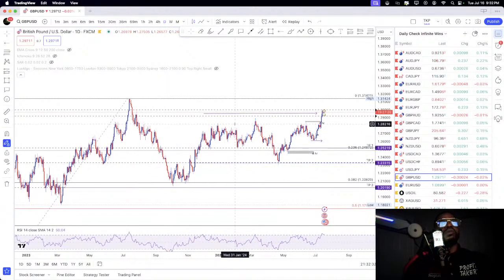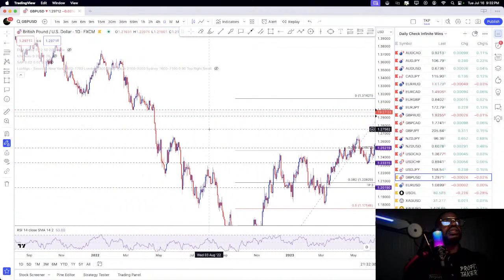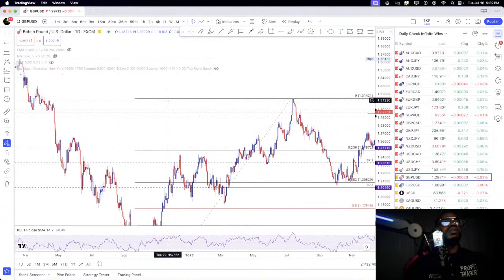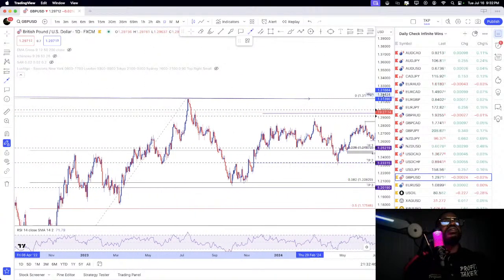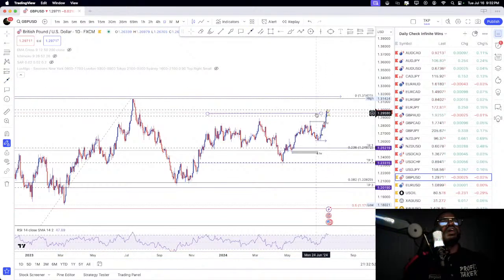Just means that the momentum to the upside is really strong. So if price does not reject those highs, we will see a long-term move to the upside on Euro USD.